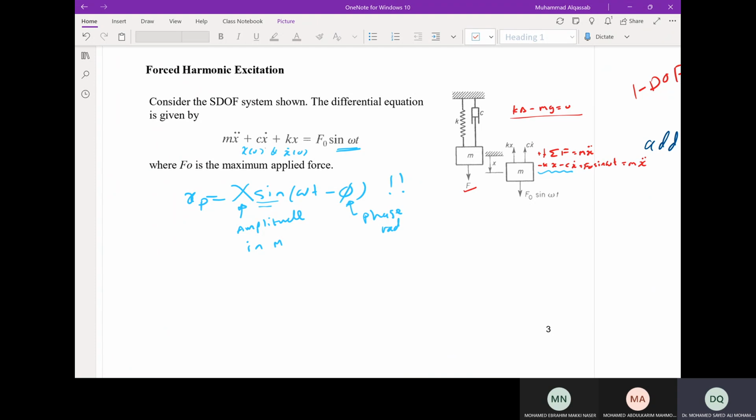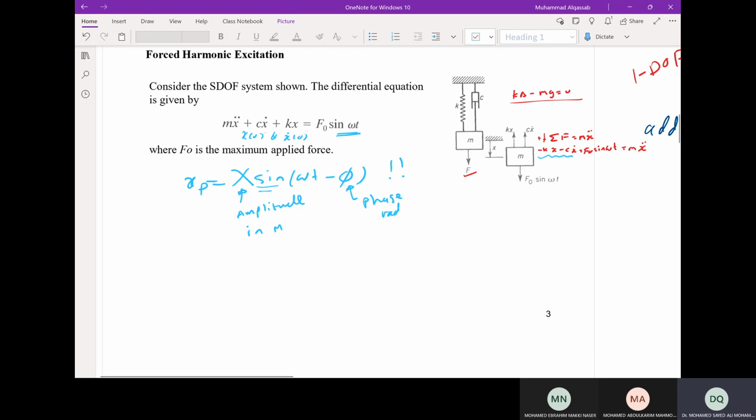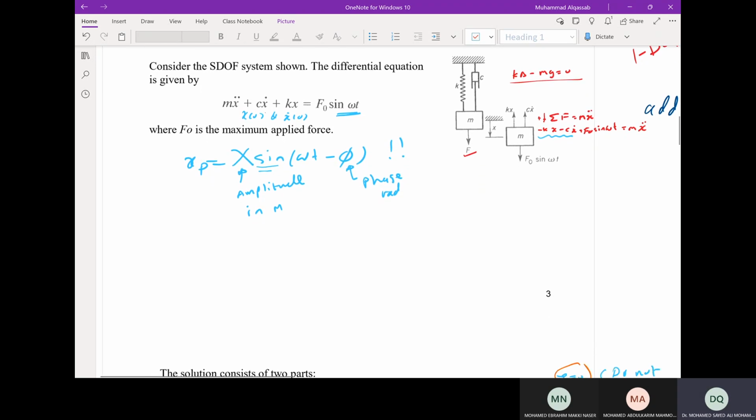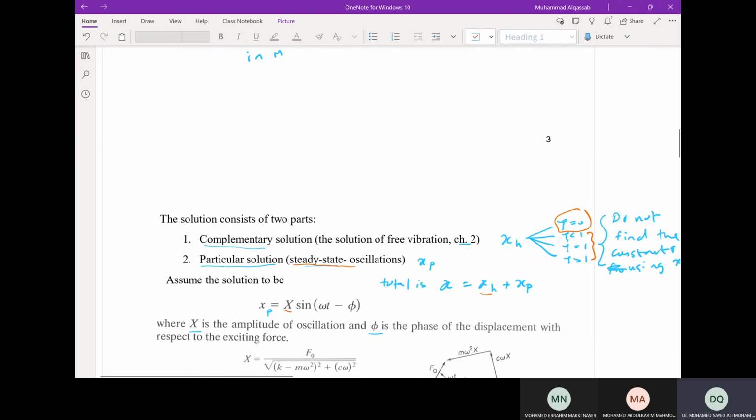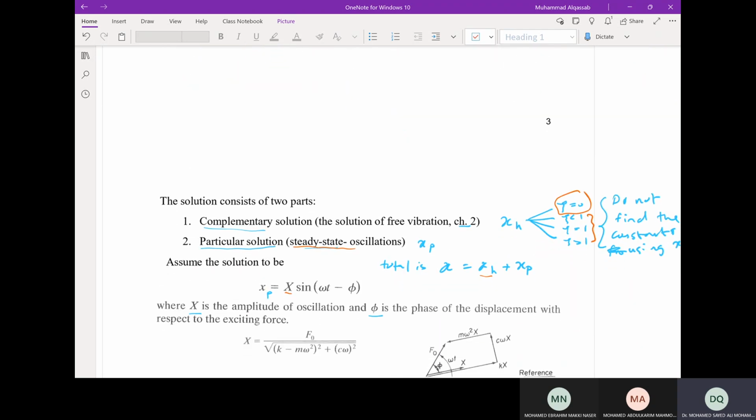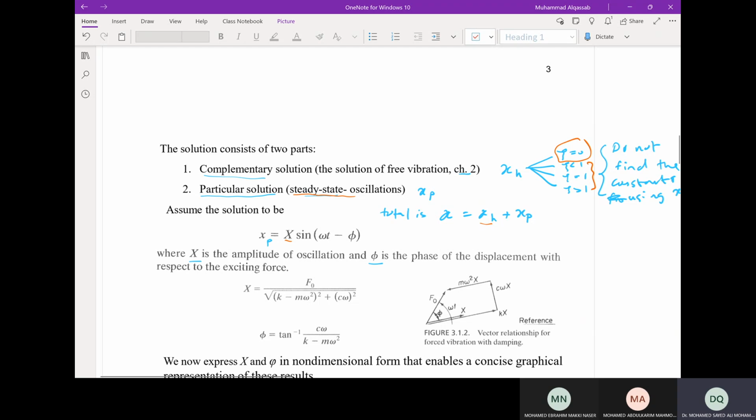And using Newton's second law, we get the second order ordinary differential equation, but it is non-homogeneous. So there are two solutions, which is the total solution is homogeneous or complementary solution, and a particular solution. So that will be the total. And I called it XH plus XP.